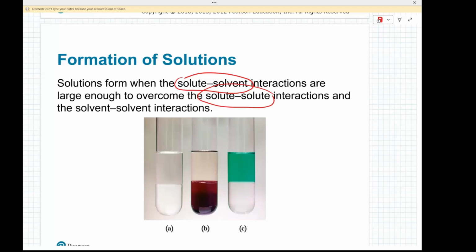Here's what I mean. So you have solute interaction, and you have solvent interaction. Make sense? In order to make a solution, you need to disrupt this interaction and this. Clear?